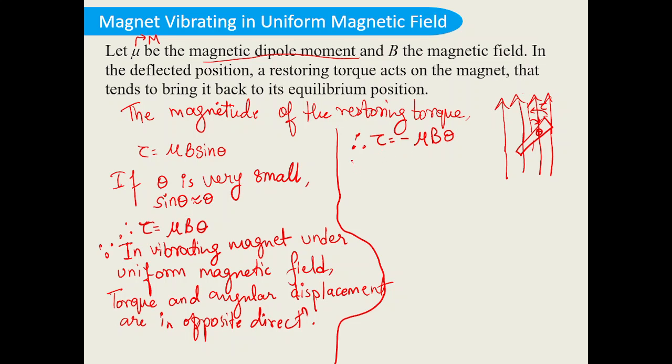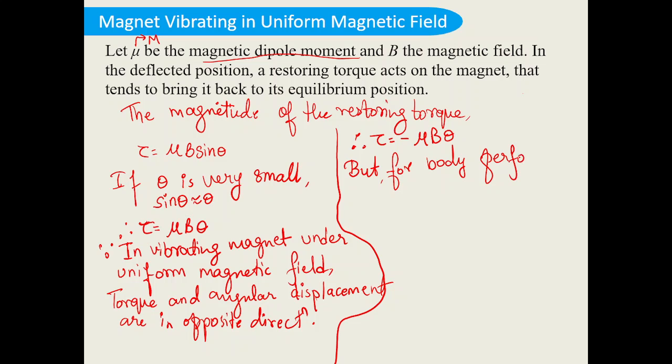But as per the concept of rotational dynamics, for a body performing rotational motion, tau equals I into alpha. The magnet is rotating, right?